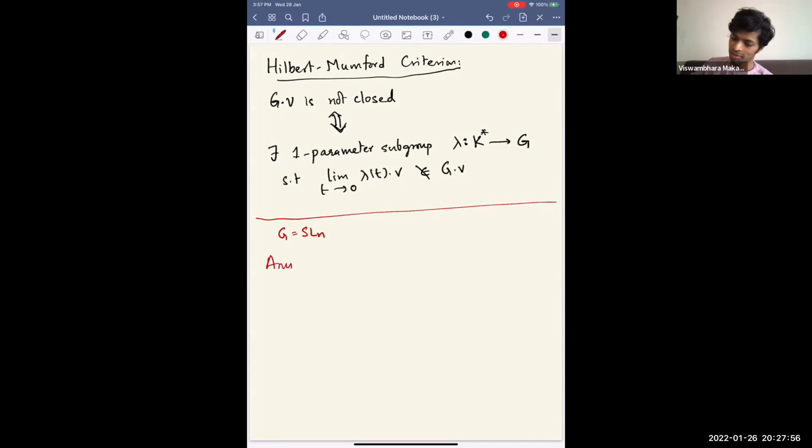Any one parameter subgroup, which I denote as 1-PSG because I don't like writing the whole thing, is of the form lambda of t is g times a diagonal matrix times g inverse.